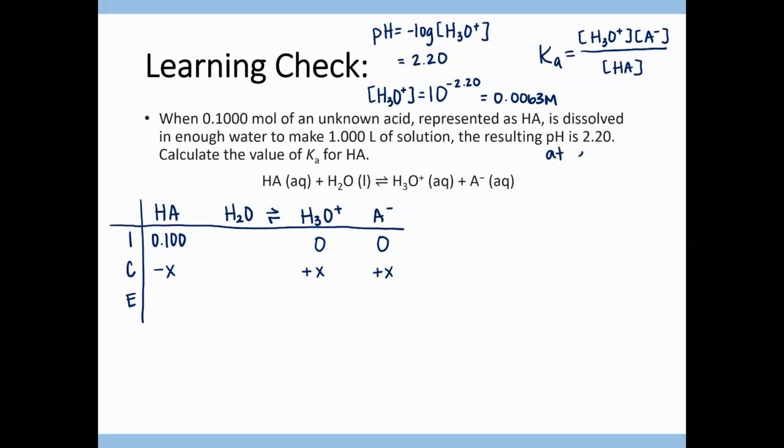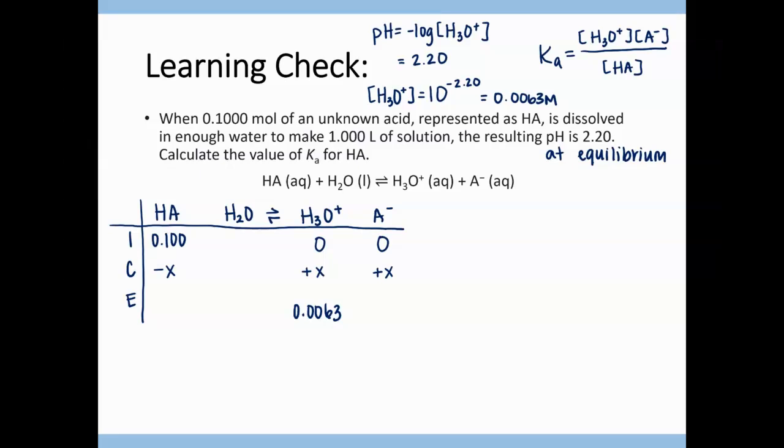So pH gives us information about H3O plus concentration at equilibrium. Now we can plug that value into the ICE table. That's H3O plus concentration at equilibrium.